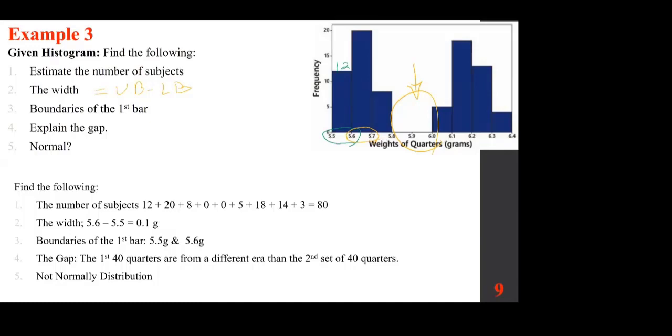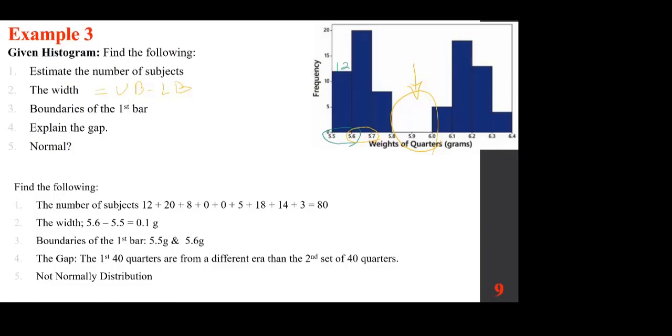The width, as I mentioned, is 5.6 minus 5.5, and the boundaries are given for the first one. There is a gap, and that means there are two different groups from two different eras. The first set is 40, the second set is also 40, but two different eras. You can look them up, and clearly it's not normally distributed.